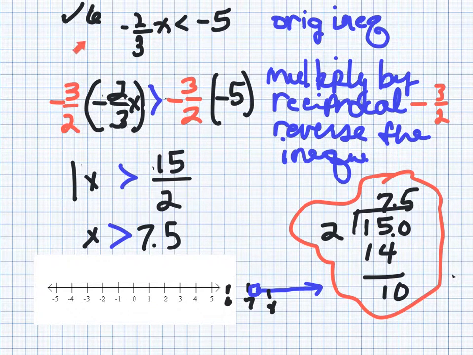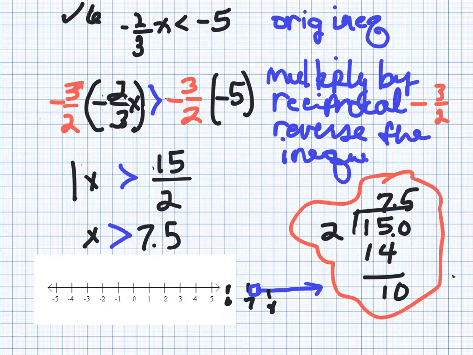Here on checkpoint 6, we have negative 2 over 3 x is less than negative 5. That's the original inequality. We're going to multiply by the reciprocal of this, which is negative 3 over 2, and then reverse the inequality. So we're going to do two things on this one.